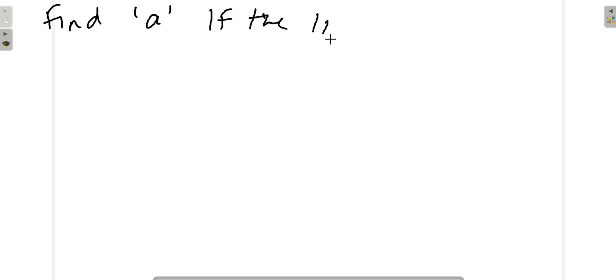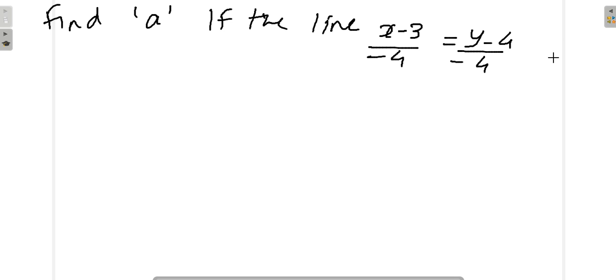The next question is, find a if the line lies in the plane.